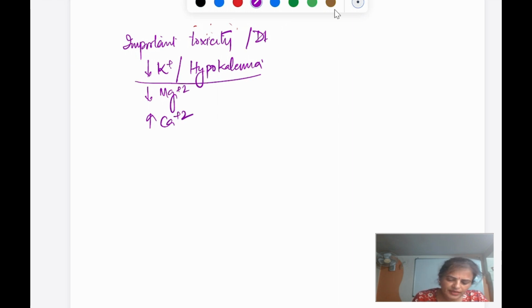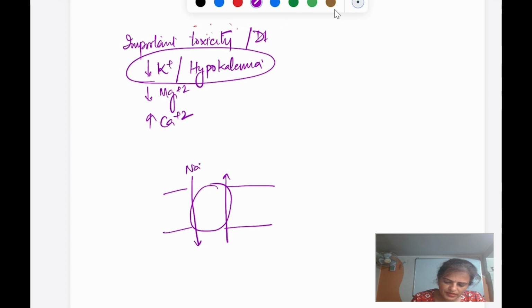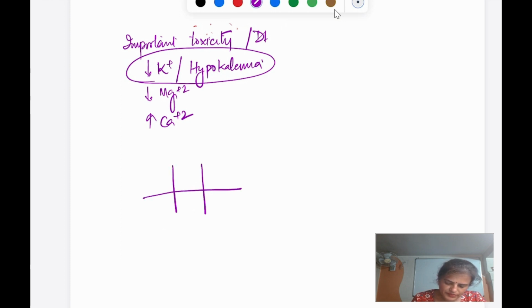Now, why does hypokalemia cause the digoxin toxicity? Remember one thing, how the digoxin acts: by binding with the sodium potassium ATPase. Okay, draw a single simple diagram.